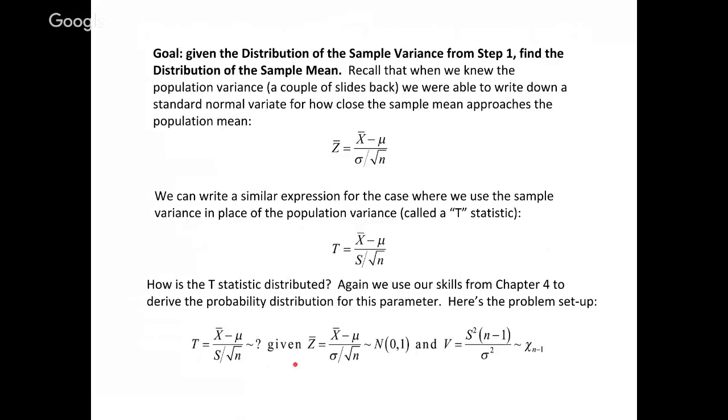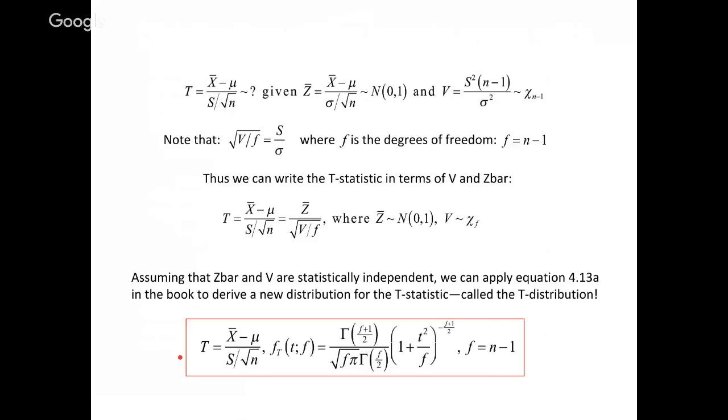So the goal, or the master plan, is to rewrite t in terms of z and v. Since we know the distributions for z and v, we should be able to derive a distribution for t, and that's called the student t distribution.